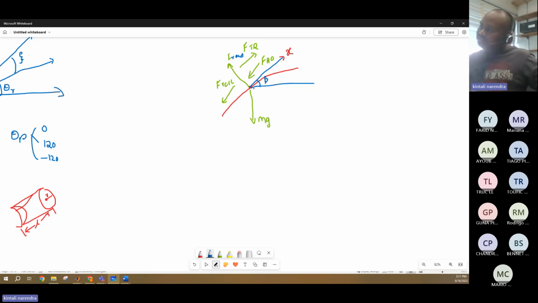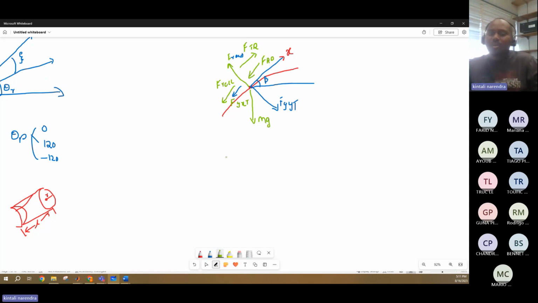Now, because of this mg, there are two other forces acting on the vehicle. One is FGXT, another one is FGYT. Because of this mg, there will be a force called FGYT, which is acting in this direction, and there is another force acting in the opposite direction to the vehicle movement, called FGXT.